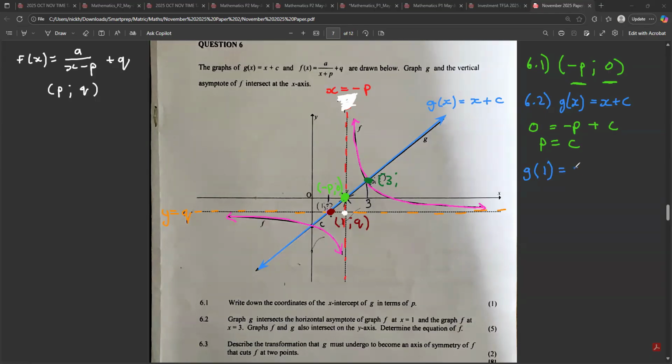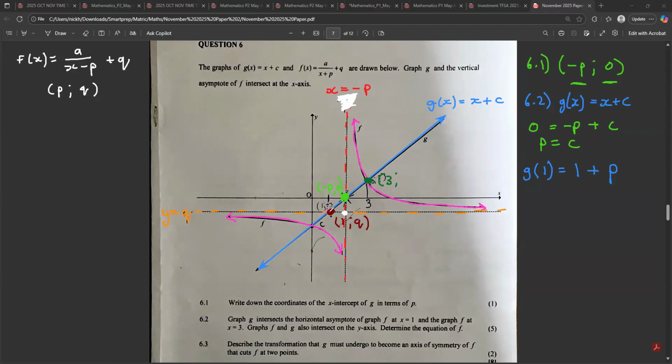But we can replace the x with a 1, so we can say 1 plus p. So what have I done there? I've simply just said, what is g of x at 1?